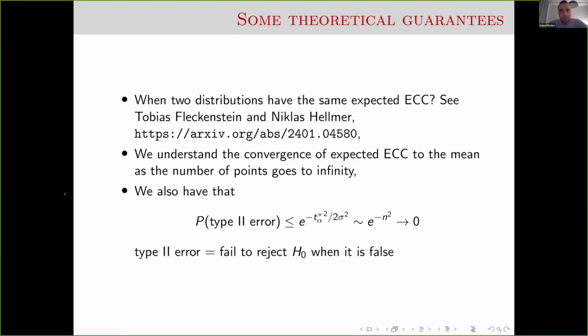We are also able to estimate the probability of type 2 error, which is the failure of rejection of H0 when it should be rejected. And this thing is decaying exponentially with the number of points. So we are able to show some theoretical properties that show that this test is doing what it's supposed to do. And of course, everything over here happens in the limit. We don't have any understanding of the finite case.